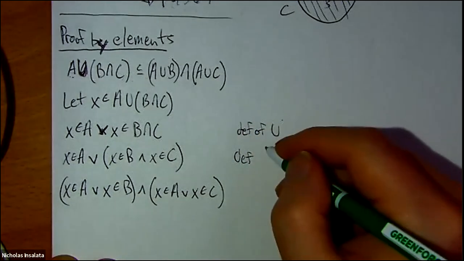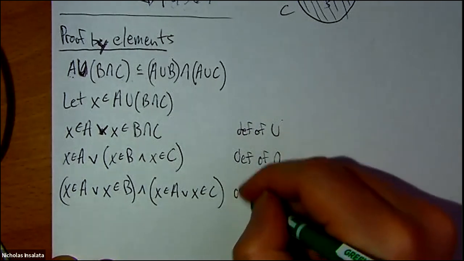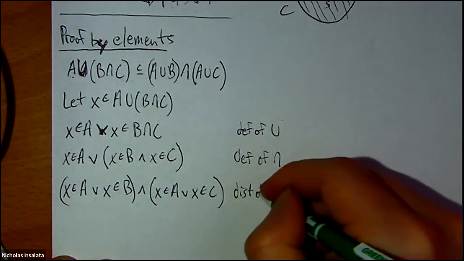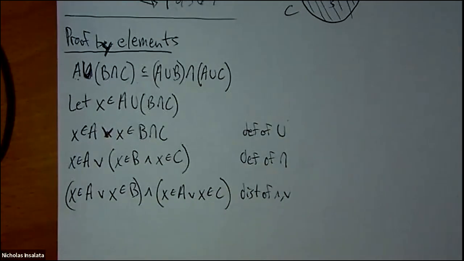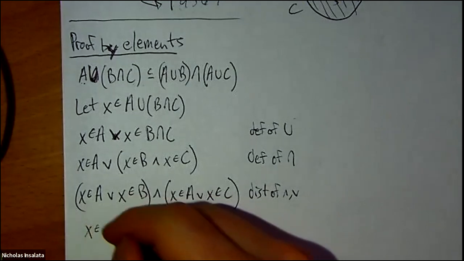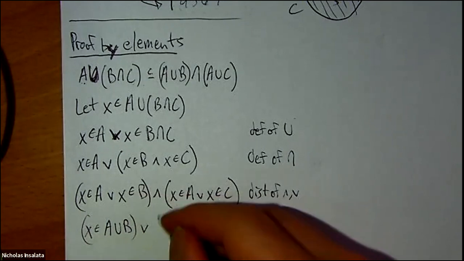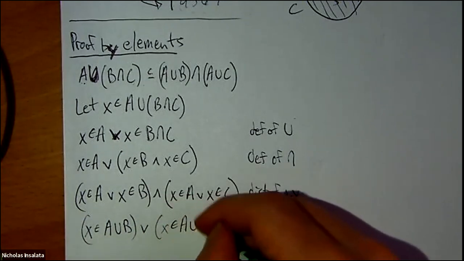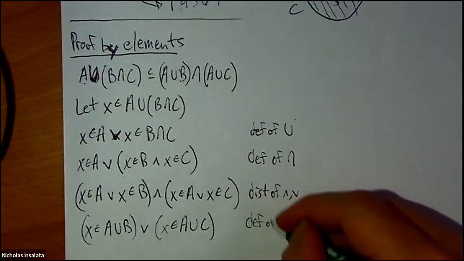Should be equal to the right side. Okay, so how do I show that? Yeah, convert back the other way. Perfect. So now we have this or here, so we can convert this. X is an element of A union B, right? And X is an element of A union C. That's by definition of union.